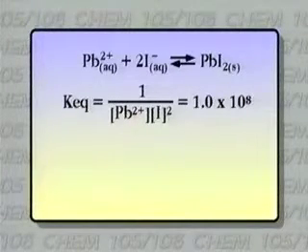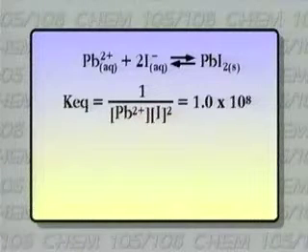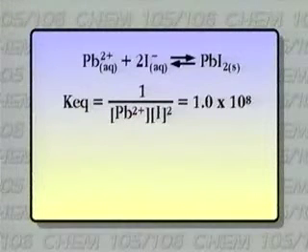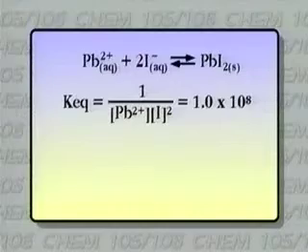Look at the numeric value, however. 1 times 10 to the 8th. That's a whole lot bigger than 10, and it means that the product side is greatly favored before equilibrium has been reached. What that tells me is that if I dump these two together, almost all of these are going to have gone to the product lead iodide. I'm only going to have a very few lead ions and iodide ions left in solution when equilibrium has been reached. Almost all of it has shifted to that side.